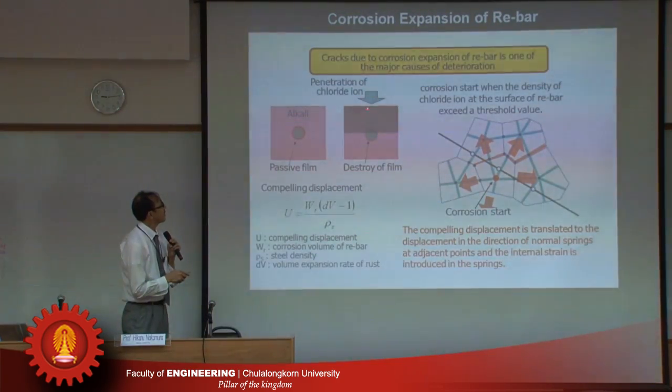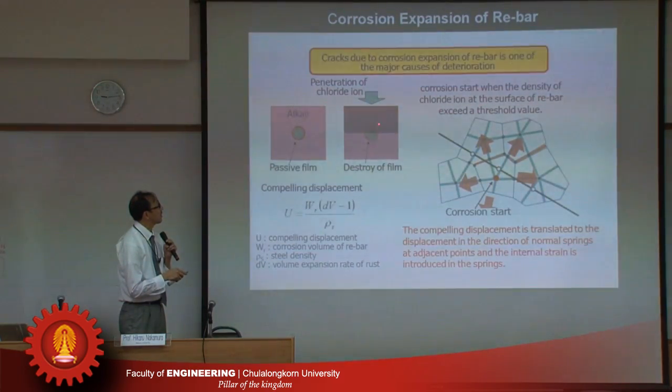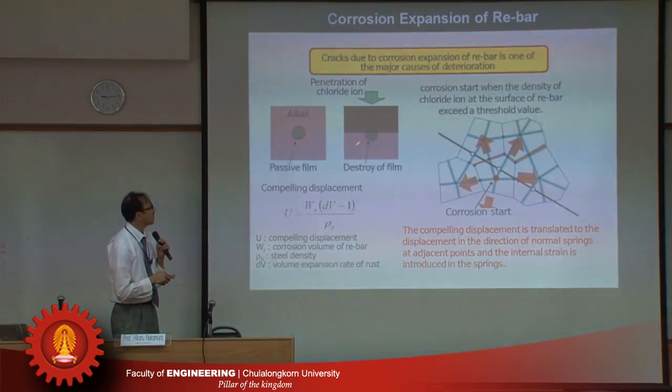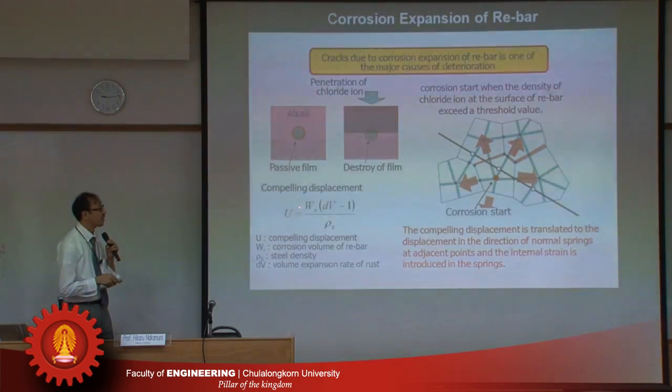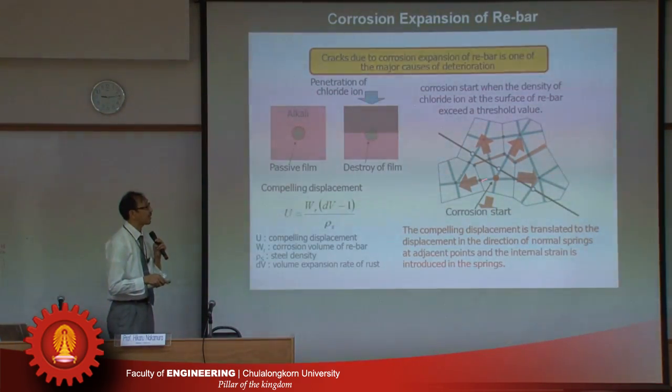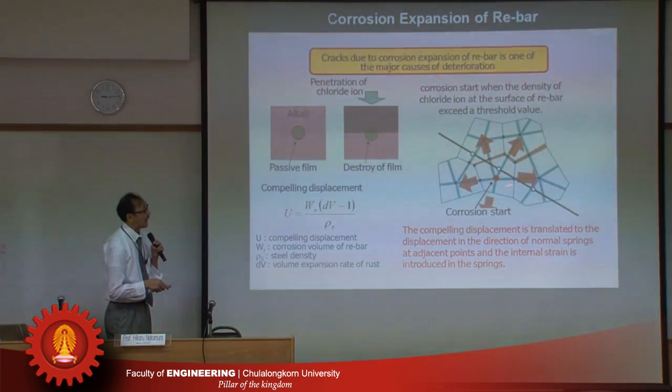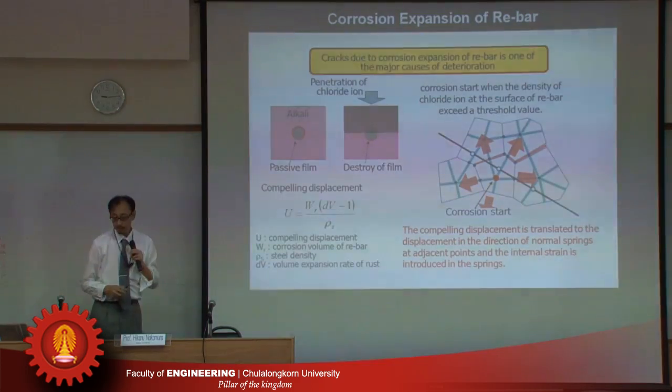So we consider the penetration of chloride ions, and once the value around the rebar exceeds the threshold value, we calculate the comparing displacement using this equation, and we apply the displacement near the point of the Voronoi particles.